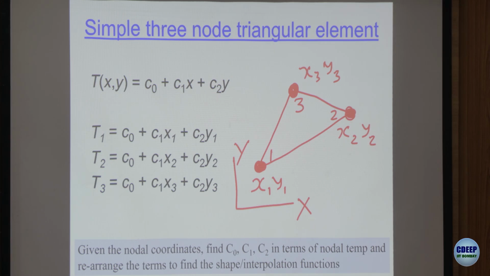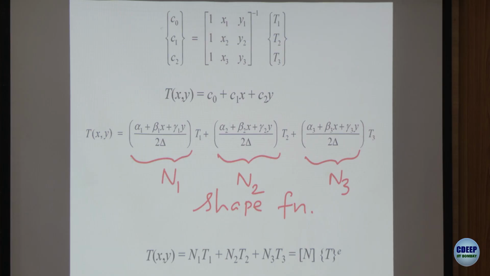So how does it look? This is how it will look. C0, C1, C2 would be given in the form of a 3 by 3 inverse. That 3 by 3 matrix will contain only nodal coordinates x1, y1, x2, y2, x3, y3, correct?